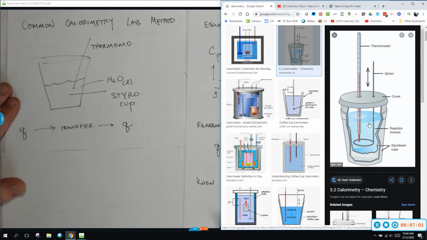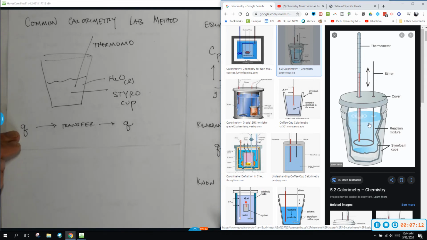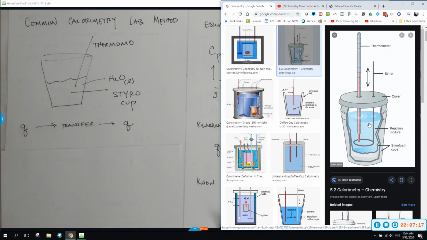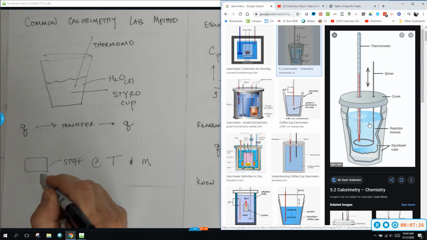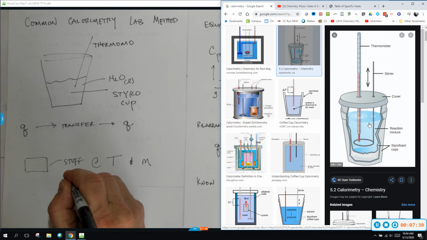One real common use of a calorimeter is to find the specific heat of an unknown substance. And when you do that, you find out how the transfer of the substance to water's heat can be calculated. So let's say we had some stuff, let's say it's a piece of metal, and we knew its temperature and we knew its mass, and we heated it up, maybe in some boiling water, and we knew that it started at boiling water's temperature, which might be pretty close to 100 degrees Celsius.